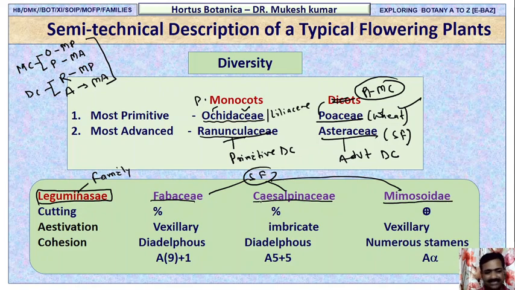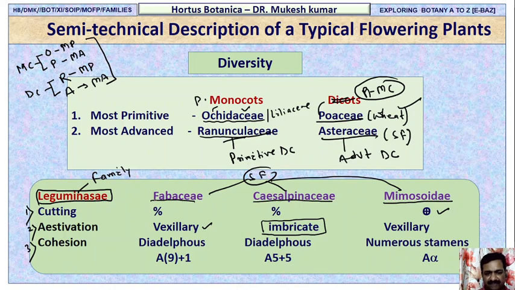They have been classified on the basis of three main characters: symmetry, then aestivation, and then cohesion. In symmetry, Fabaceae is zygomorphic. Here also zygomorphic, but this is actinomorphic, right? Here aestivation, vexillary aestivation, you all know. Here imbricate aestivation, and here also valvate. So this is not imbricate. Mind you, this is the characteristic feature.